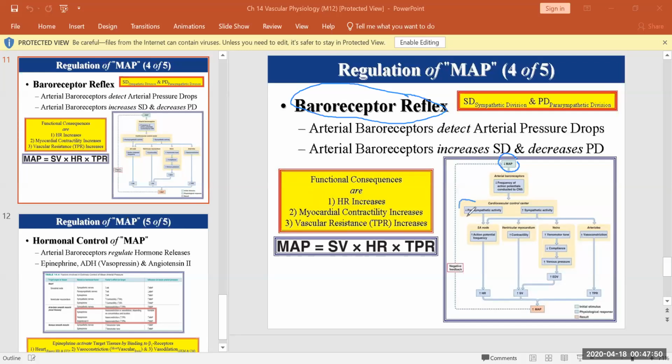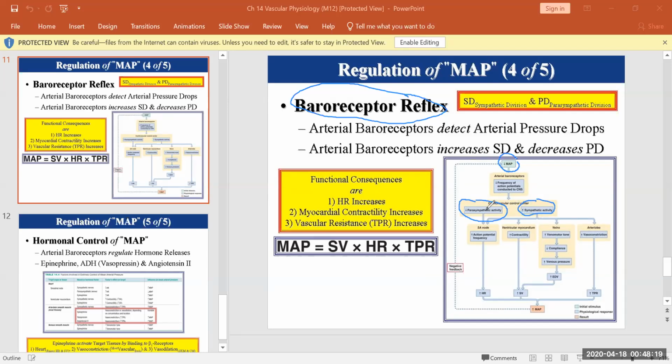The parasympathetic activity will decrease. So at the SA node here, when you are preventing the parasympathetic activity, in other words, your heart cannot be slowed down. Simultaneously, your sympathetic activity has been mobilized, activated.